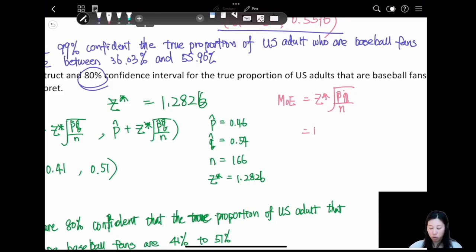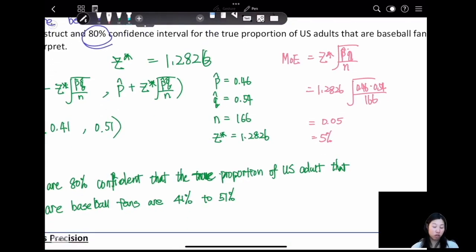The z-score is 1.2826 with an 80% confidence interval, and p hat equals 0.46 times 0.54 over 166. If you use a calculator, you will end up with 0.05, which is 5%. So we can also include the margin of error with our conclusion. So we can say, with a 5% margin of error.